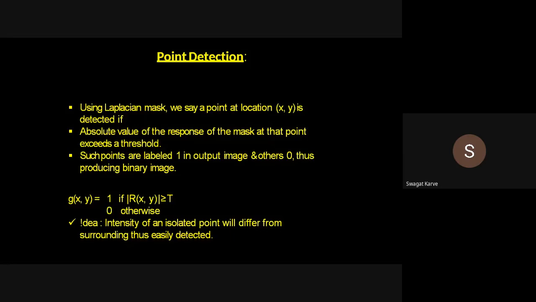By using these properties at the basic pixel level, either discontinuity or similarity, you can have these three types of detections: point detection, line detection, and edge detection, right?